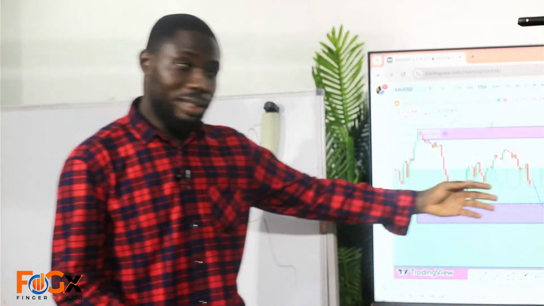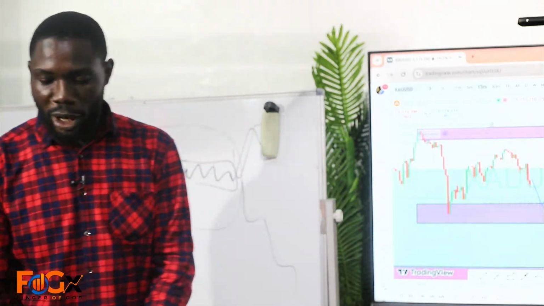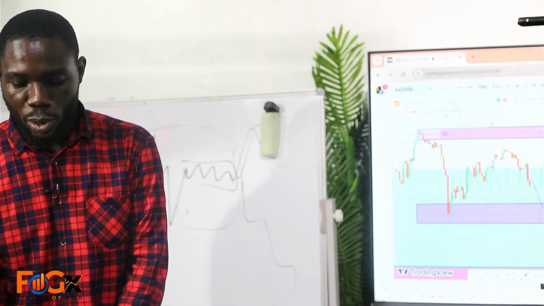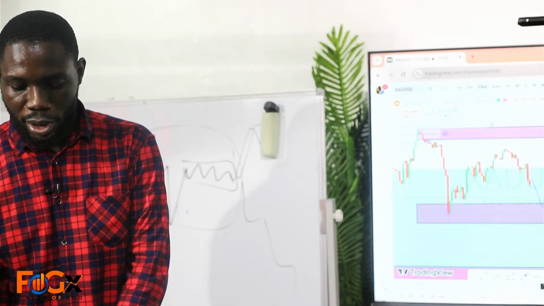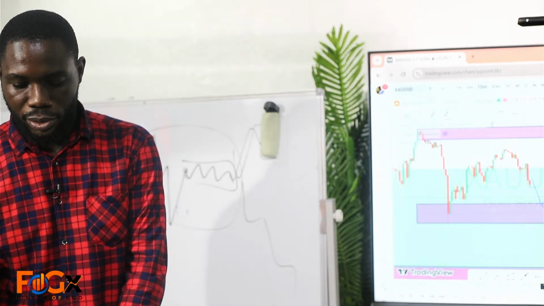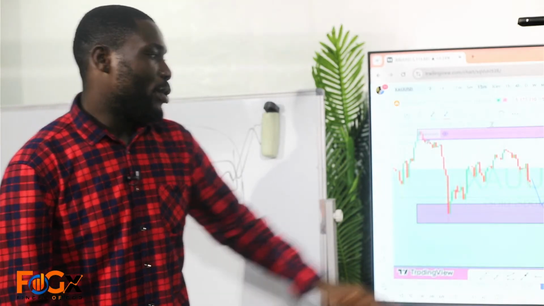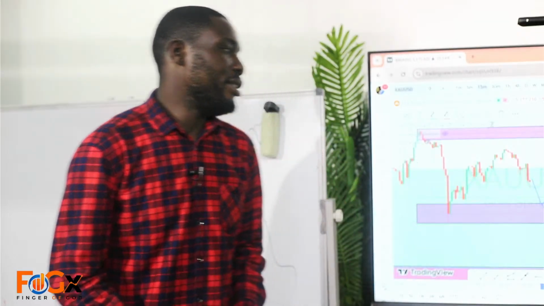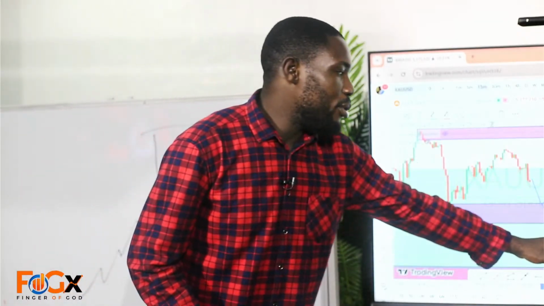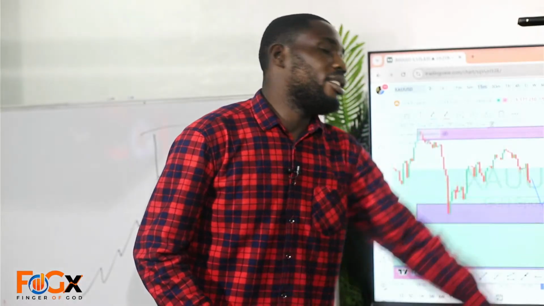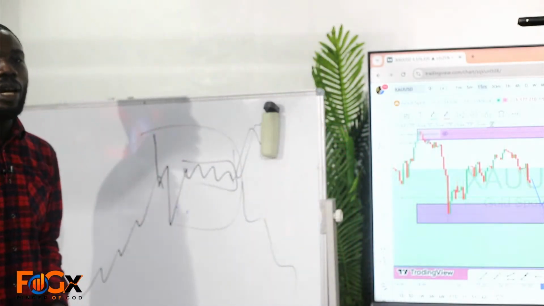I was the one that did it to 2.29. So your entry is here, your take profit is here. So you are risking around 150 pips to make around 350 pips.